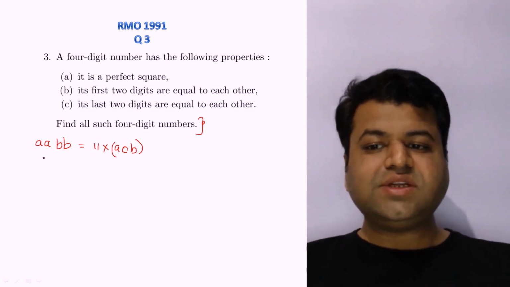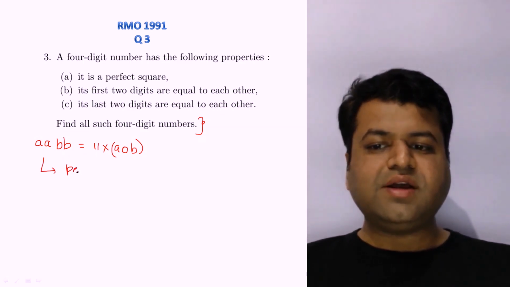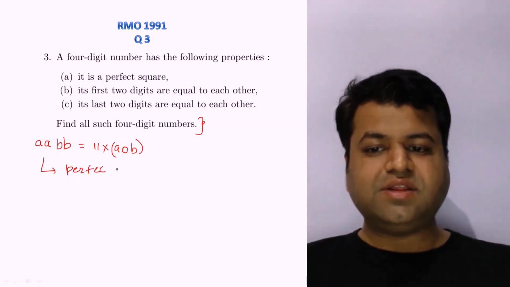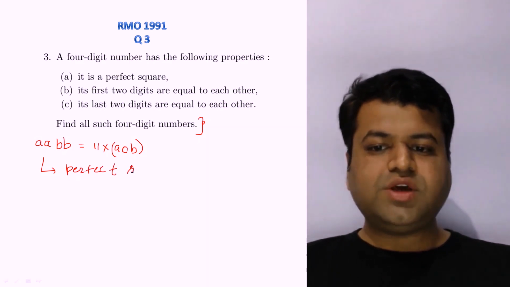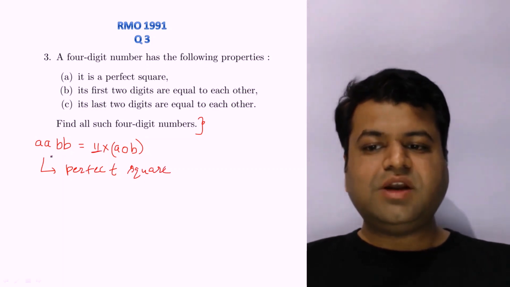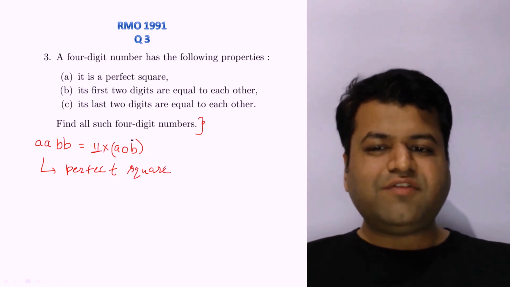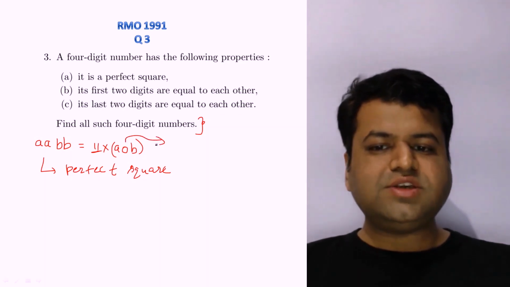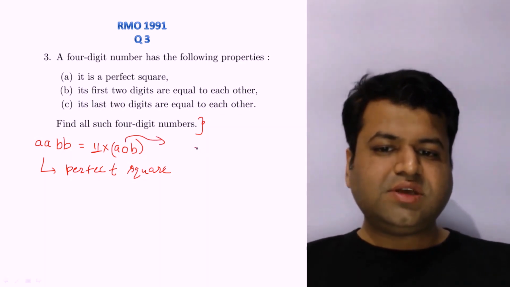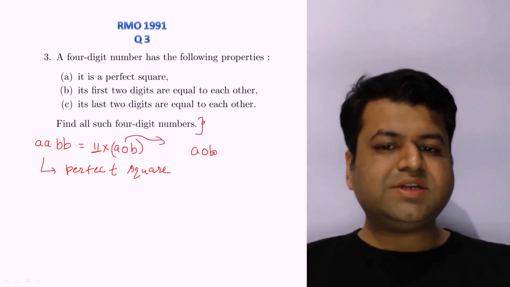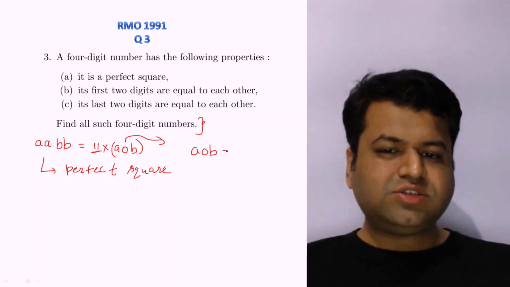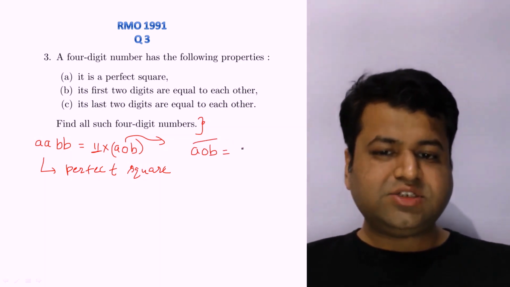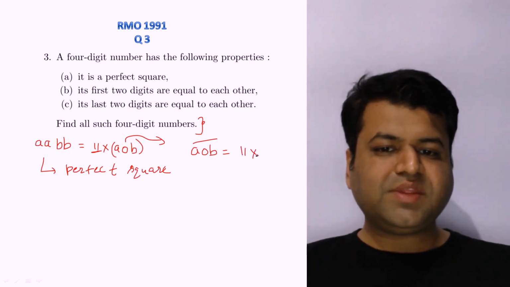Now since this is a perfect square, as mentioned in the question, and clearly 11 is a factor of this, that means 11 must divide A0B, right? So this A0B, where A and B are single digits, should be 11 times something.